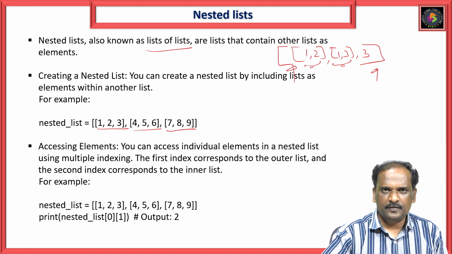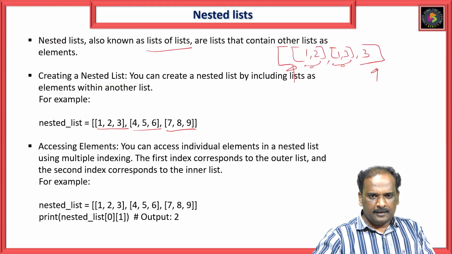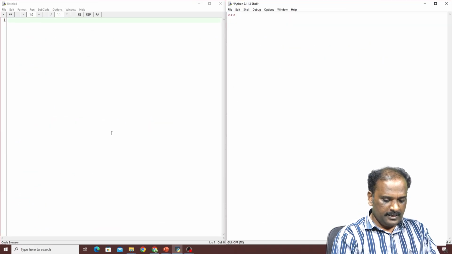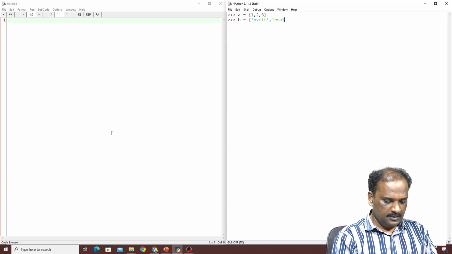Now we shall see how we can create the nested list in the interpreter. Now A equal to 1, 2, 3. B equal to BVRIT College of Engineering.